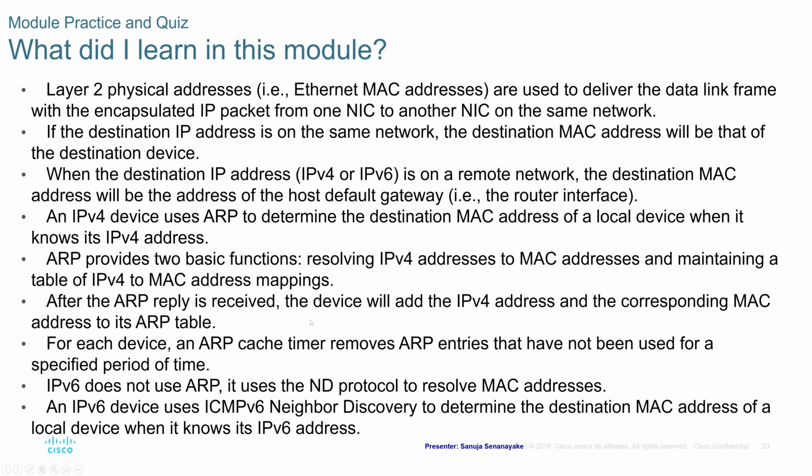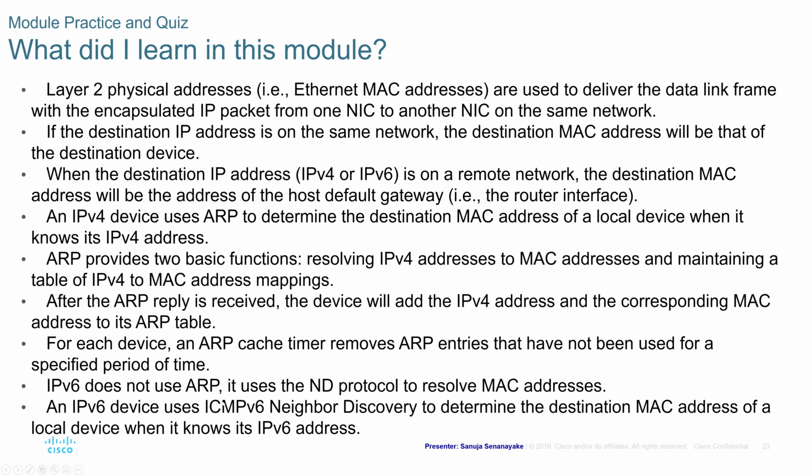After the ARP reply is received, the device will add the IPv4 address and the corresponding MAC address to its ARP table, hence updating the ARP table. For each device, an ARP cache timer removes ARP entries that have not been used for a specific period of time. That timer changes based on the device you are using, such as Cisco devices versus D-Link devices versus your Windows device.